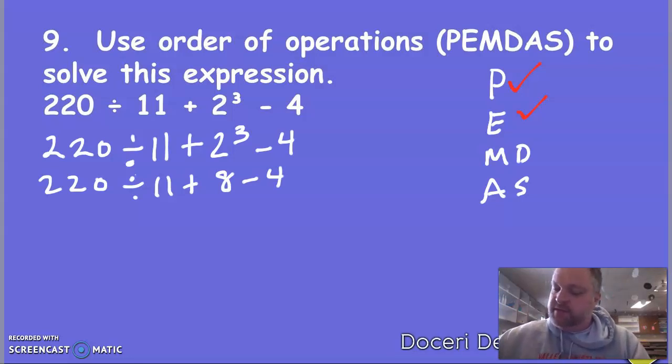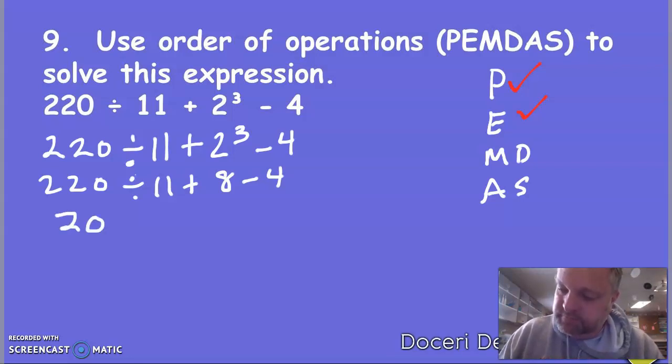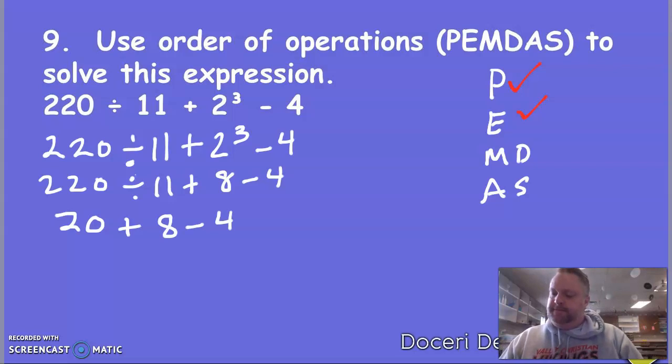Multiply or divide, whichever one comes first. I can see they're dividing here, so let's do that next. So 220 divided by 11 is 20. And I drop everything else. Okay, multiplication is done. Is there any division?